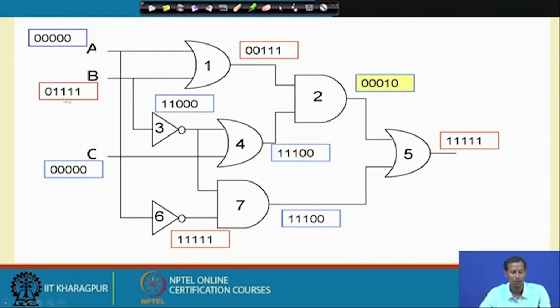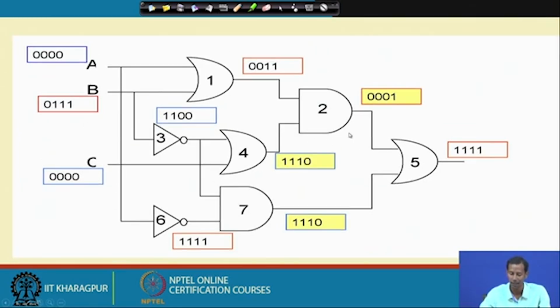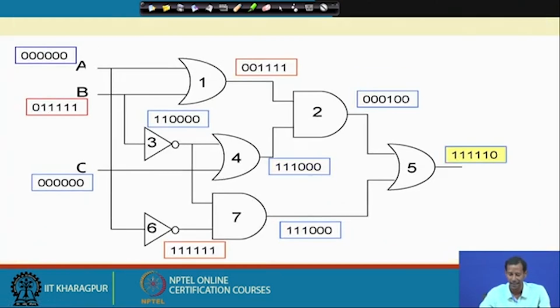Then again this will try to continue. Whenever these particular terms are becoming that, if I consider 5 clock cycles, at that time you see, though this 1 will be continued, I am getting this as 0.